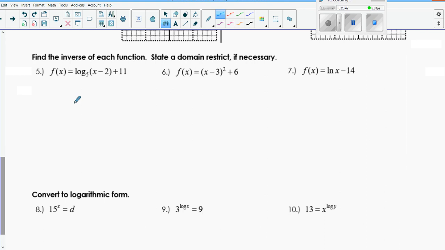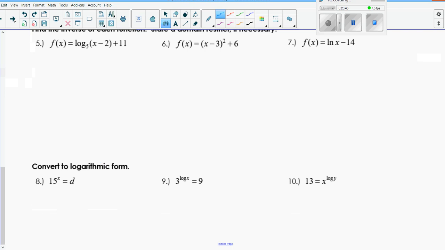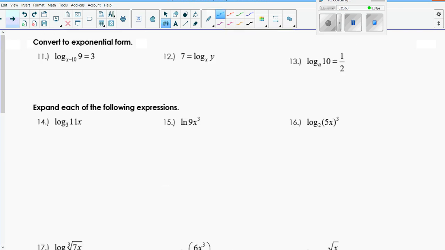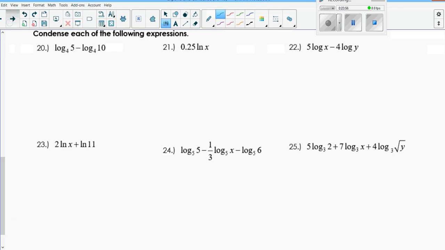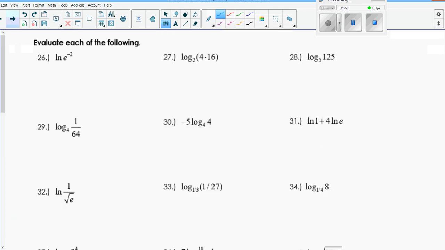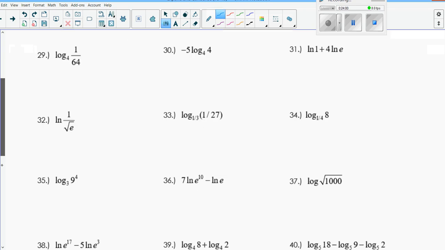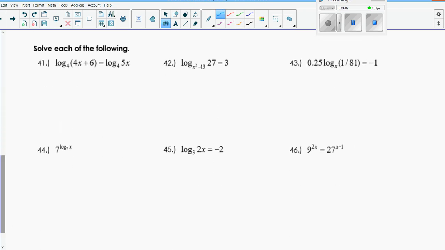You will see here that you're doing some inverses, state the domain restriction if necessary, convert to logarithmic form, convert to exponential form, expand, that's what we just talked about, condense, what we just talked about, evaluate, which we've been talking a lot about, and solving. So you're using your evaluation techniques to solve.